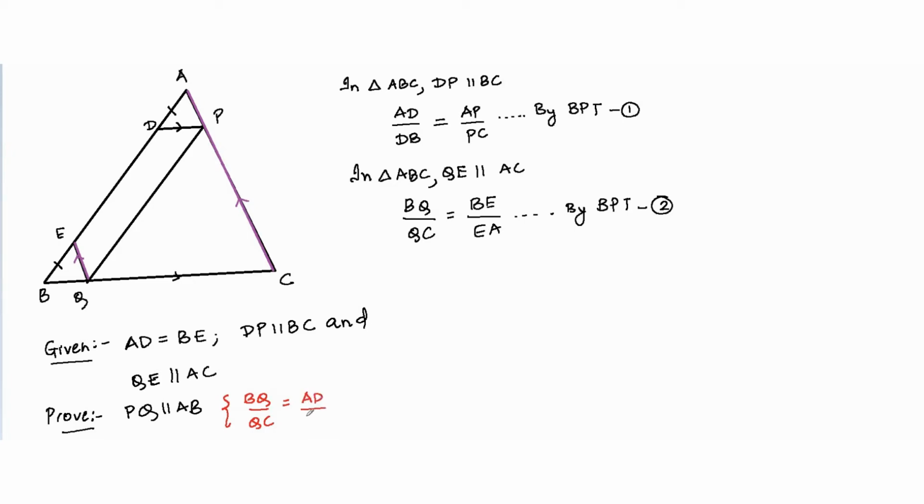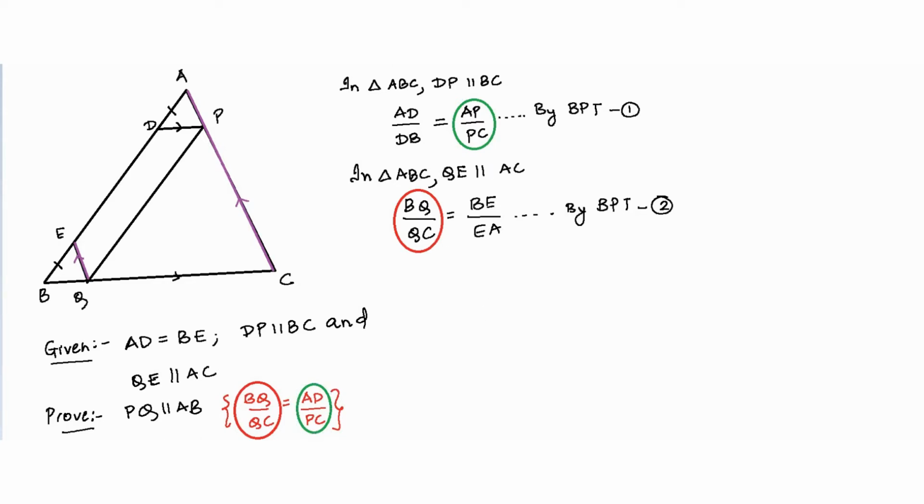So if I can show this, then I can use the converse of BPT to say that PQ is parallel to AB. Now, if you notice, I already have BQ upon QC here. And I also have AP upon PC. I have obtained AP upon PC right over here, right? So now it's just a question of connecting these two equations.